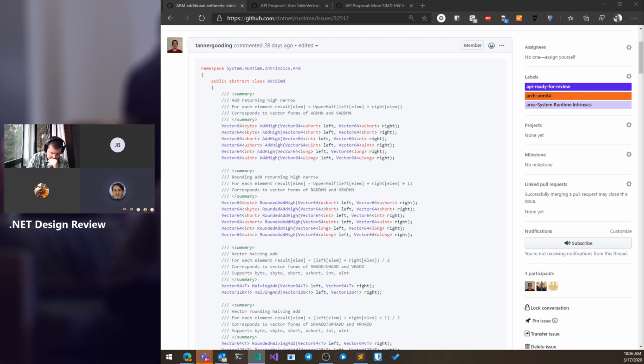They both do the operation described there in the comment or in the summary. But it's a question of whether they write the result to the lower or upper half of the destination vector. So it's doing an add high and then writing the result to the lower or upper half of the destination.